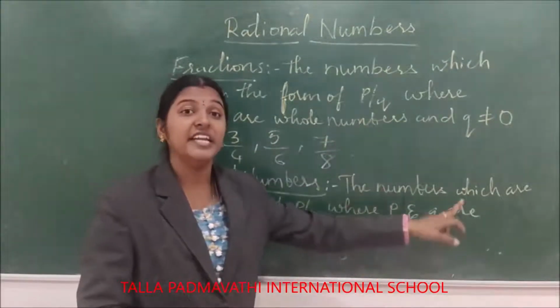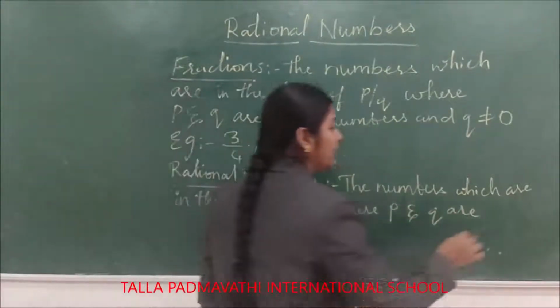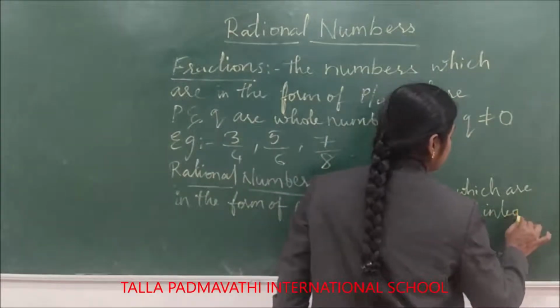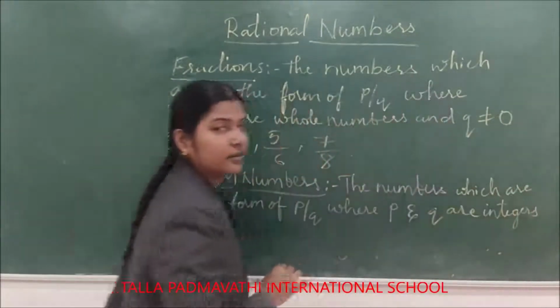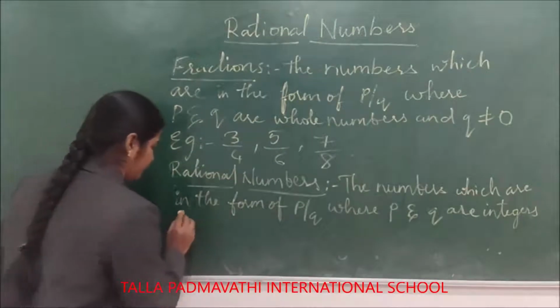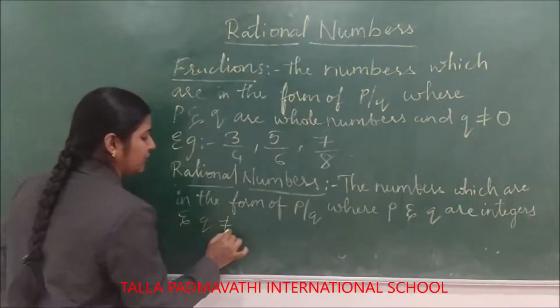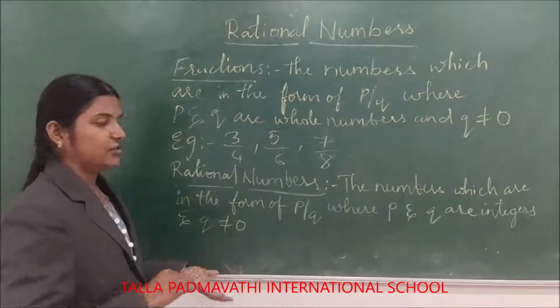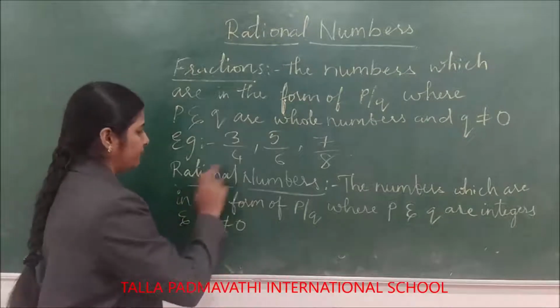Here they are integers. P and Q are integers, where Q should not be equal to 0. Other than 0, it can be any other number.